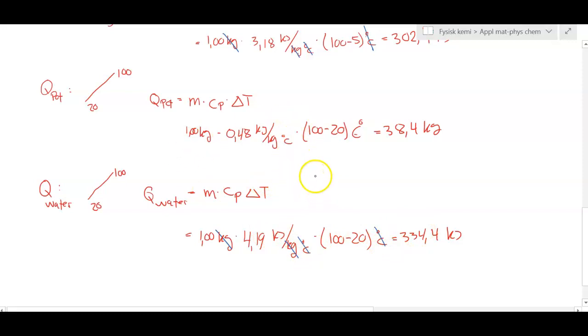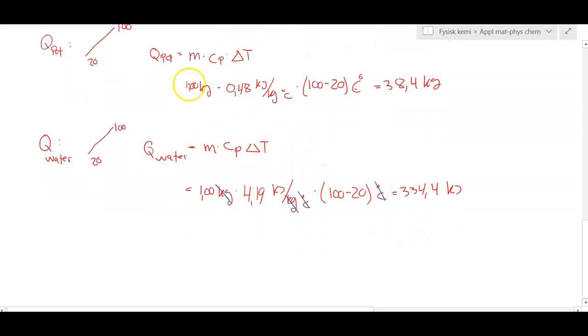Yes. Now comes the tricky part, which is not tricky, but we just have to remember it, that some of the water evaporates. Q evap. So evaporation is a phase change from liquid water to water vapor. So that is actually a flat line, like in the diagram.